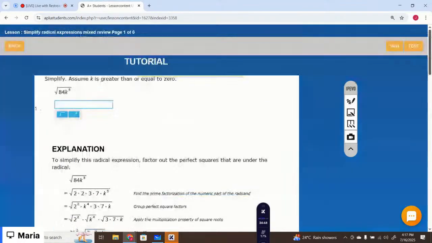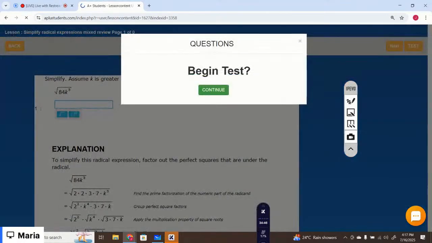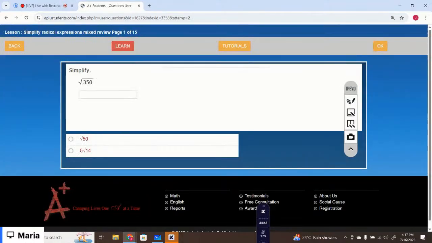Let's just start with the first question. Square root of 350.